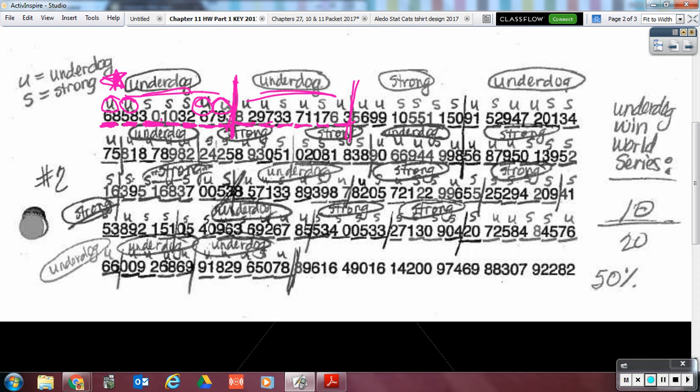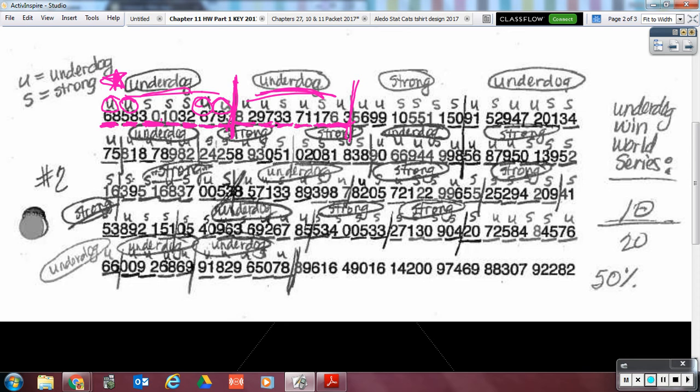On that one, it was the underdog. And so on. This second World Series did not even have to go to 7 games. You could just say underdog, underdog, strong, underdog, strong, underdog. Within 6 games, the underdog has won.